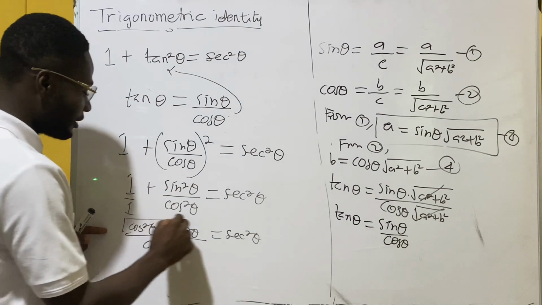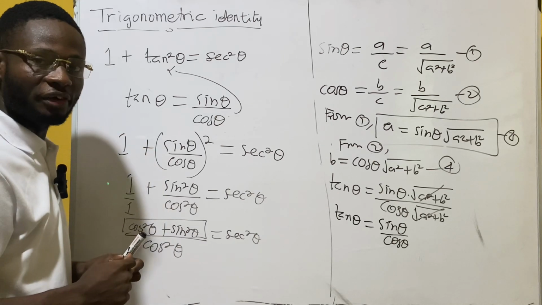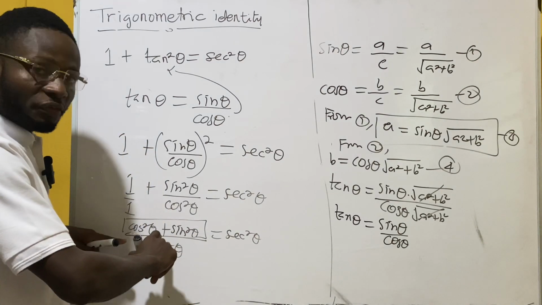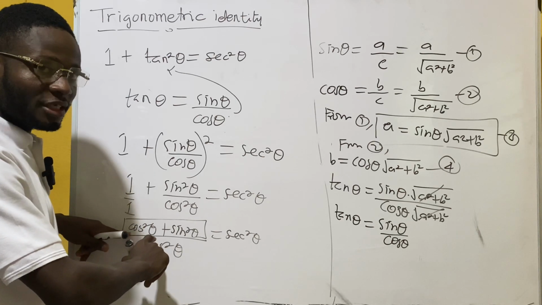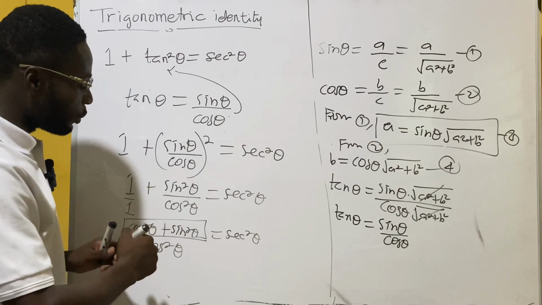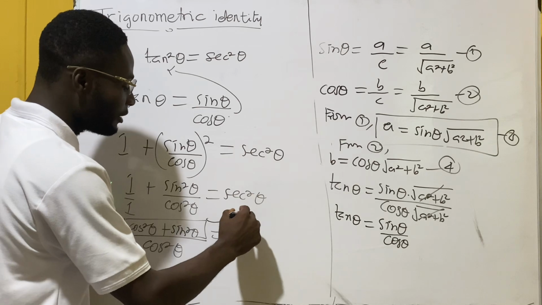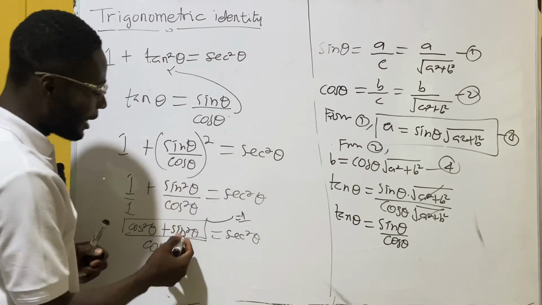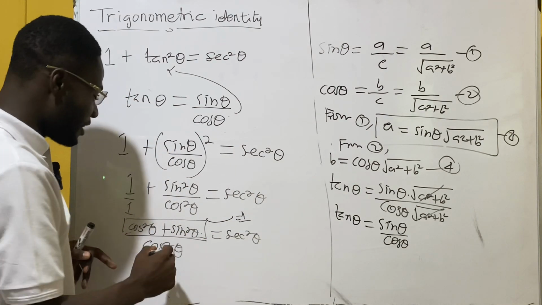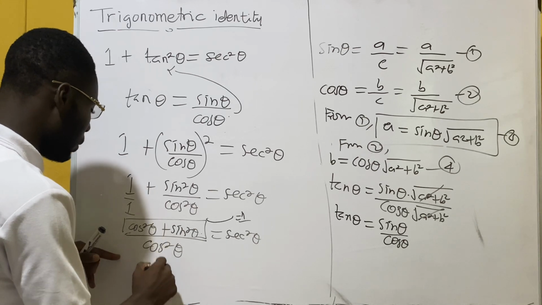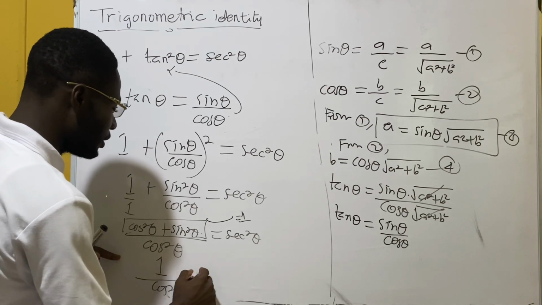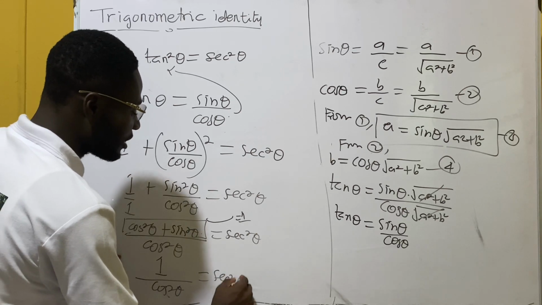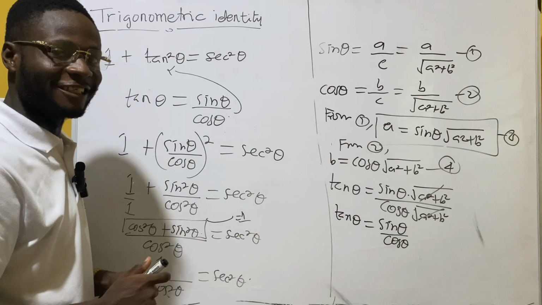But in my previous video, I proved sine squared theta plus cos squared theta to be equal to 1. So we substitute that identity in place of this, and that will give us 1 over cos squared theta equals sec squared theta. That is great.